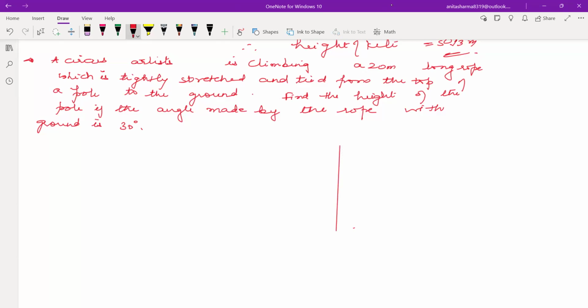And the rope is tightly stretched from the top of that pole to the ground. Clear, beta? This is your rope, and this is your horizontal. So this is angle 30 degrees. Now easily you can find the value, beta. Okay, ma'am. Try.